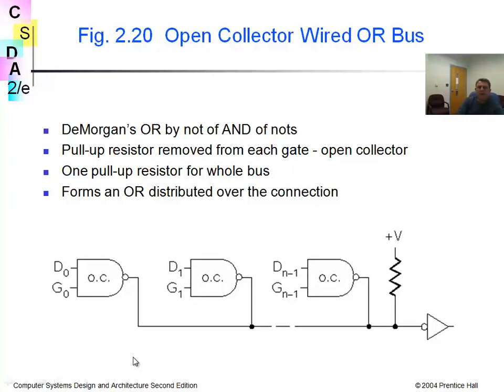Here is an open collector wired OR bus, the bus that is getting several outputs. So you have a NAND gate here, NAND gate here, NAND gate here. The outputs are all connected to a bus. Depending on the outputs, these are the gating information.